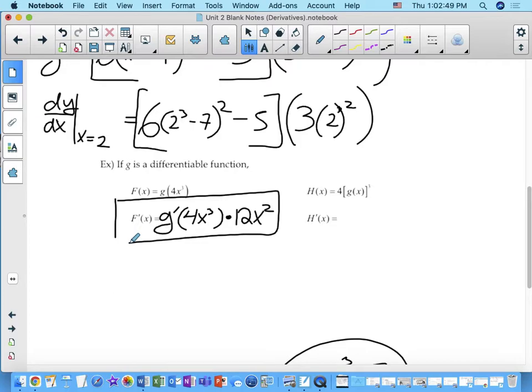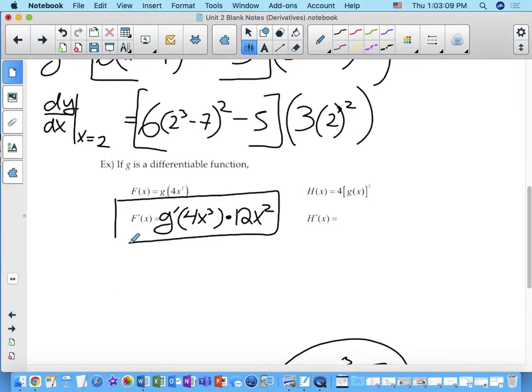And the outer function is 4x cubed. g of x has replaced x. So now we have to take the derivative of the outer function, which we actually know, the 4x cubed, and multiply it by the derivative of the inner function, which is just g prime of x.